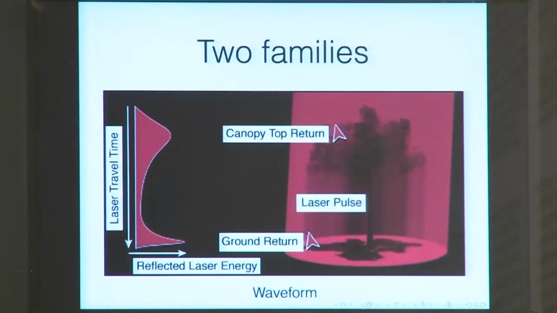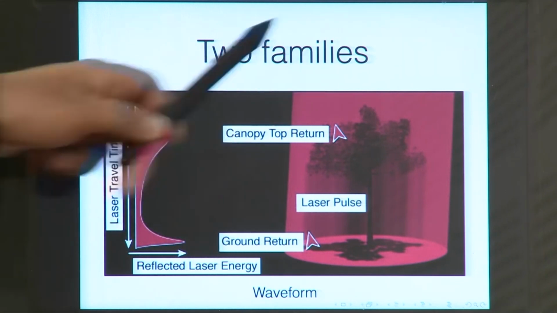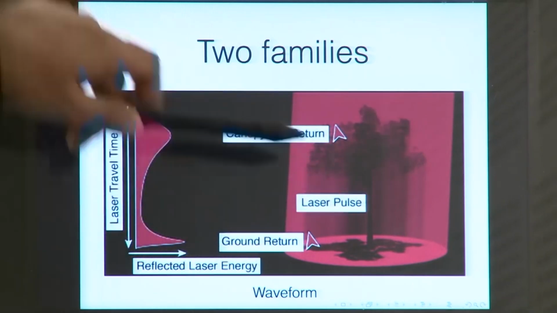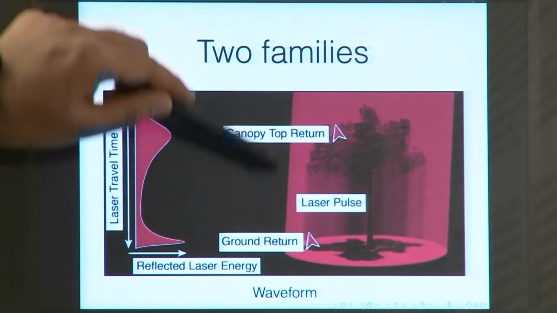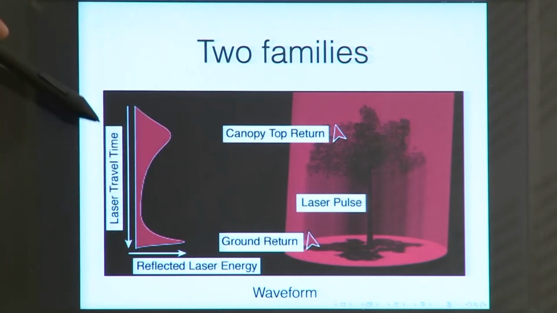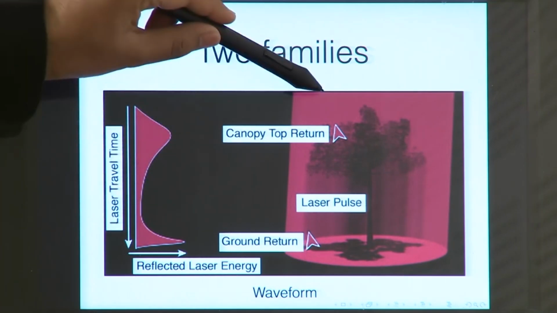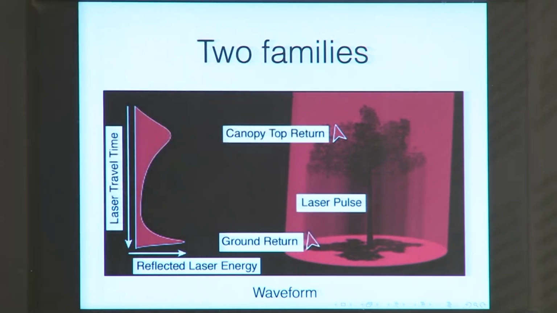Now, in this case we have two different families of measurements. The first one is known as a waveform measurement, in which you have the laser travel time and you are measuring the reflected laser energy. So, what you are seeing here is a tree, and the more the laser travel time, the more downwards you are going. This laser travel time corresponds to the distance of the aircraft from the tree.